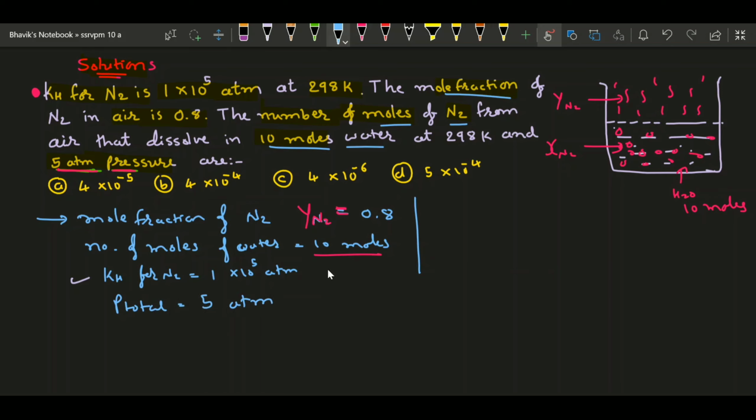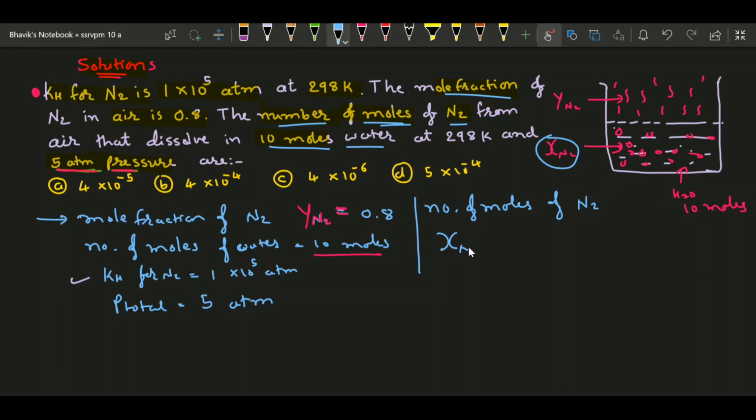So first of all, what is our main question? The number of moles of nitrogen. You need to find out the number of moles of nitrogen, and for that we require X. Because as you know, what is the formula of XN2?